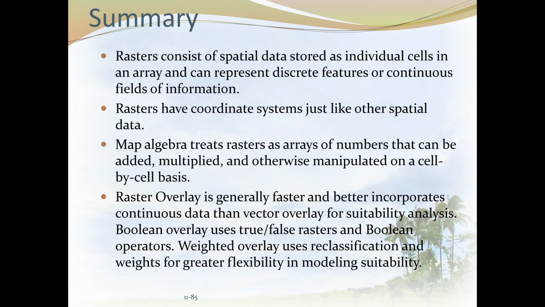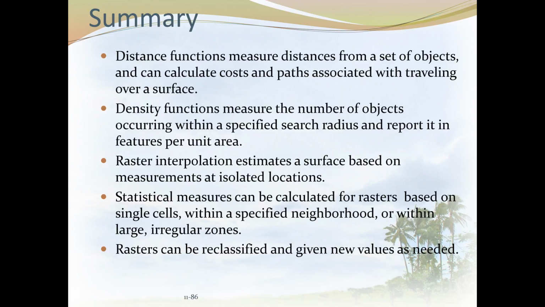Raster overlay is generally faster and better incorporates continuous data than vector overlay for suitability analysis. Boolean overlay uses true or false rasters and Boolean operators. Weighted overlay uses reclassification and weights for greater flexibility in modeling suitability. And the distance functions measure distances from a set of objects and can calculate costs and paths associated with traveling over a surface.